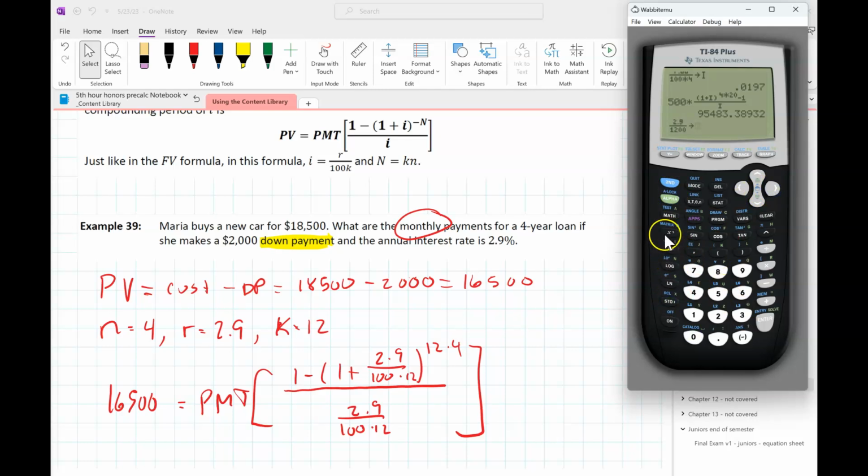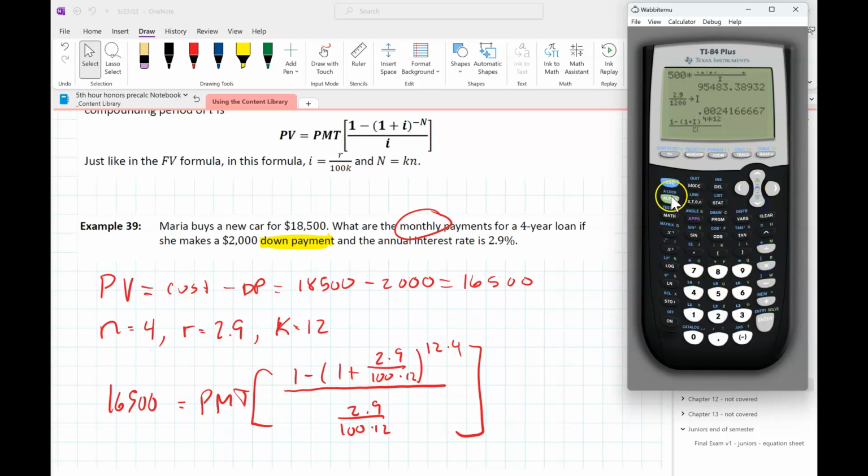And again, I like to use the letter I because it matches the letter in the formula. And then I'm going to do fraction 1 minus 1 plus I to the 4 times 12.